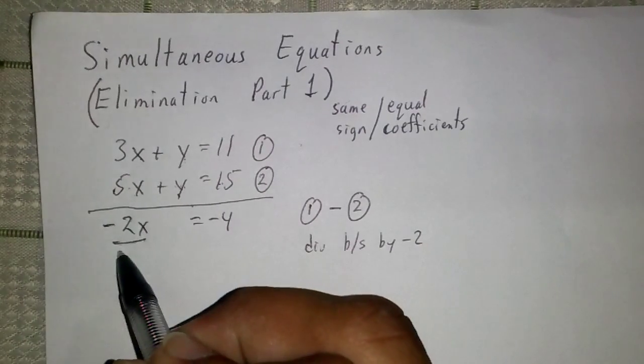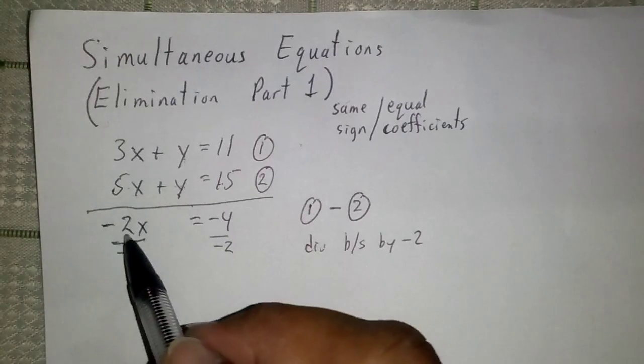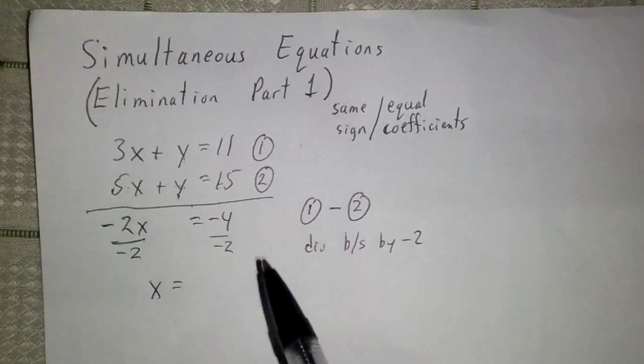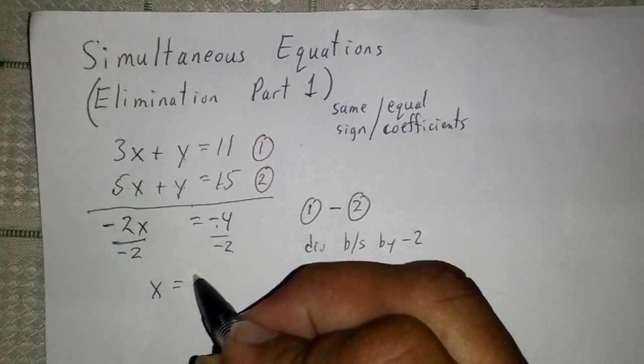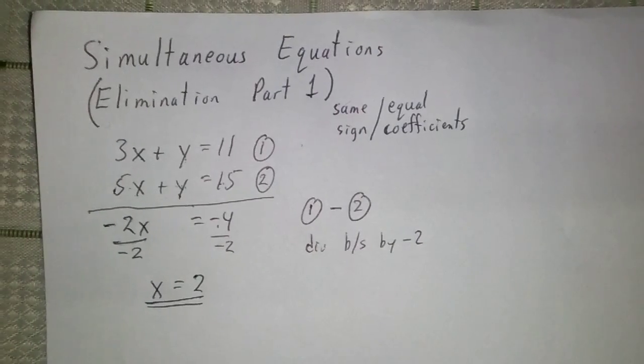So let's divide negative 2 on this side and negative 2 on this side. Negative 2x divided by negative 2 will give us x equals, and a negative 4 divided by a negative 2 will give us a positive 2. So we have solved for the first value, which is x equals 2.